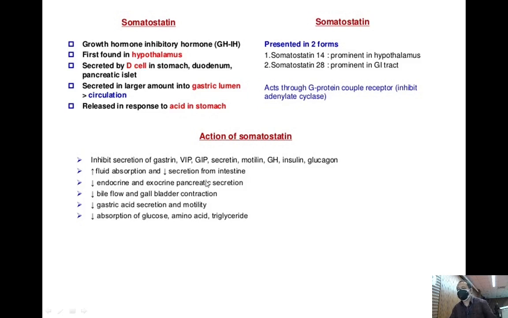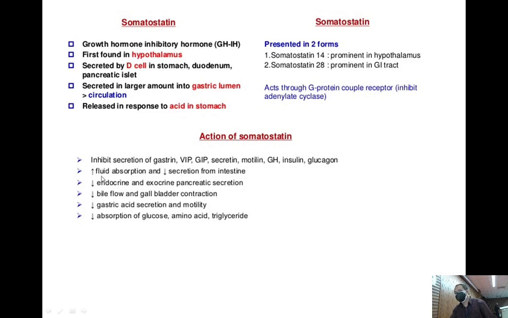Then other functions are that it increases fluid absorption and decreases secretion from the intestine, decreases endocrine and exocrine pancreatic secretion, decreases bile flow and gallbladder contraction, decreases gastric acid secretion and motility, and decreases absorption of glucose, amino acid, and triglycerides.